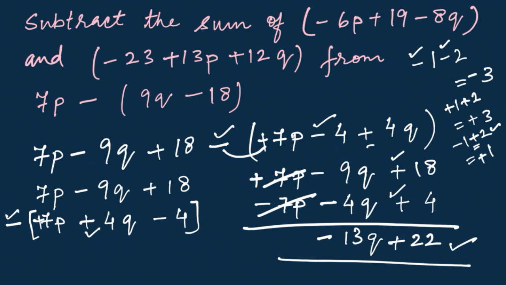But if you have plus 1 minus 2, again you subtract the smaller number from the bigger one, 2 minus 1, the answer will be 1. But the sign you put in front of the answer will be of the number which is higher in value. 2 is greater than 1, and what sign do you have in front of 2? Minus. So it will be minus 1. This trick you have to remember.